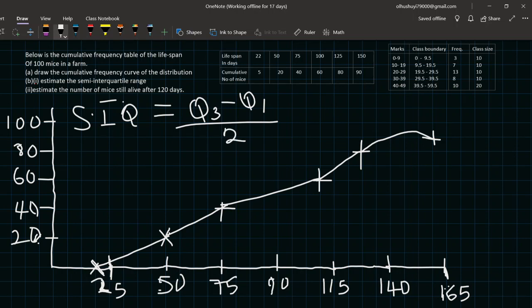What's our Q1 and Q3? Q3 should be 3 over 4 of 100.